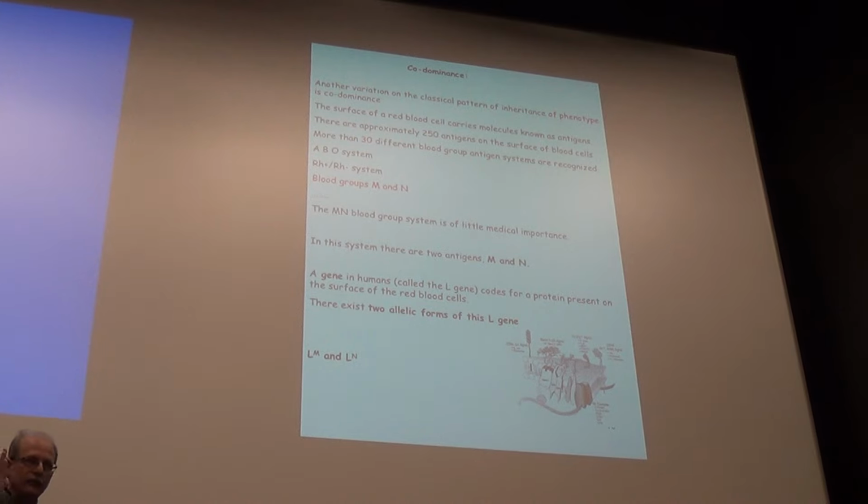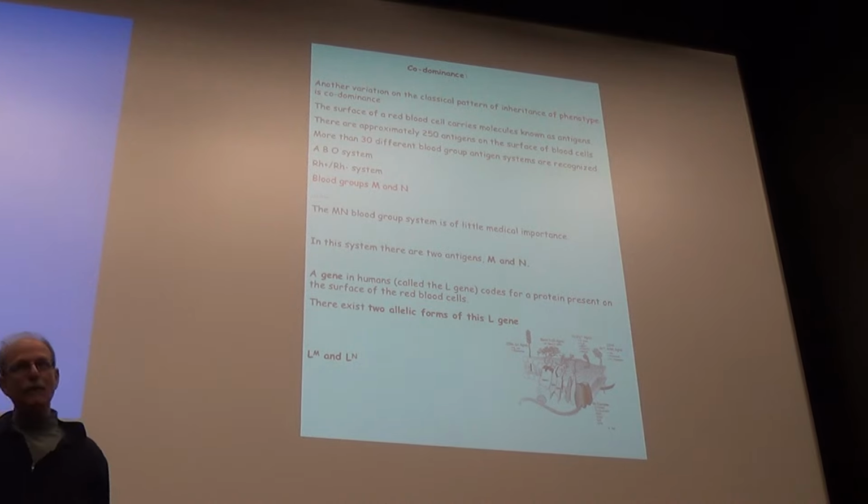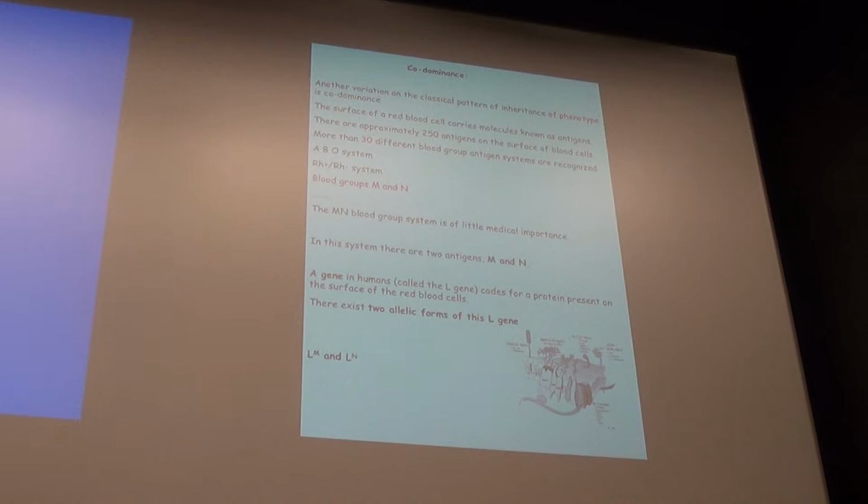If we were homozygous LM, what antigen would be present on the blood surface? The M antigen, correct? If you are homozygous LN, the antigen on the blood surface will be an N antigen. But what happens in the heterozygous condition? When you are LM, LN, the two alleles are together, what antigen would you expect to be present on the blood surface?